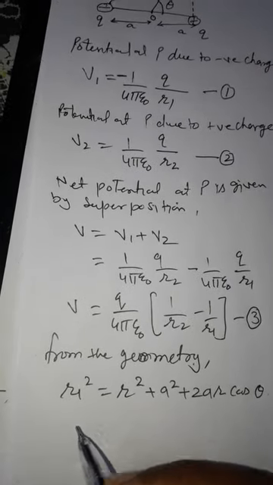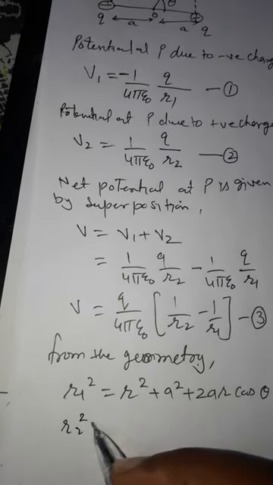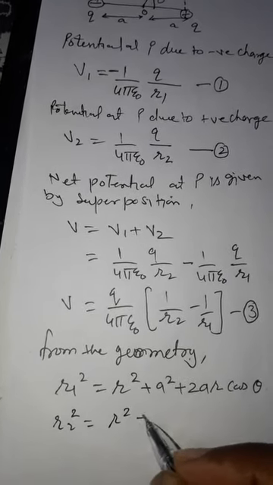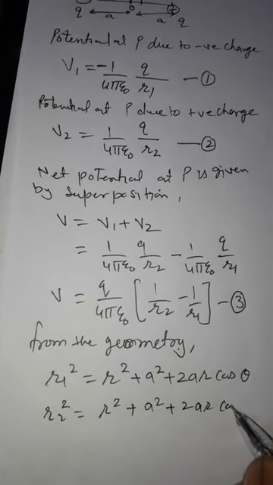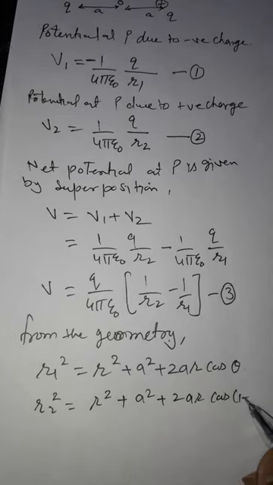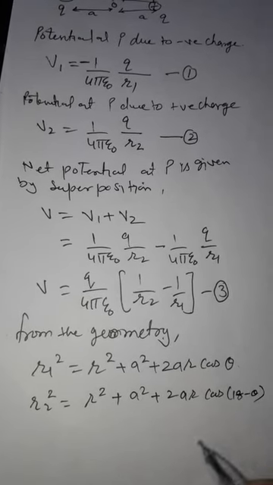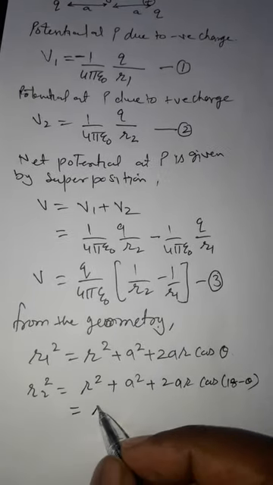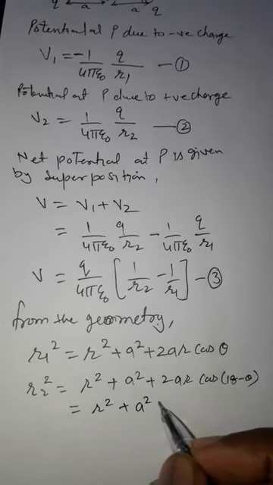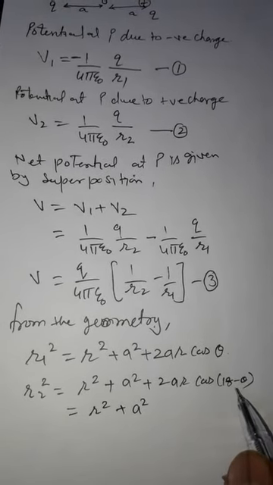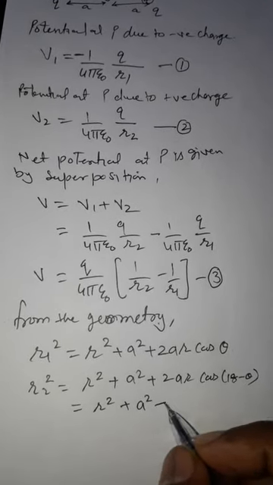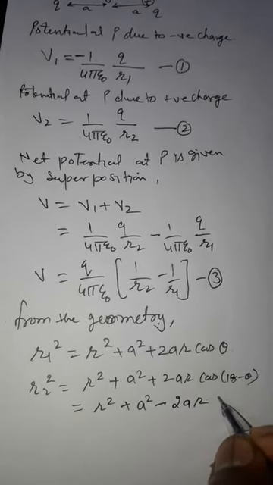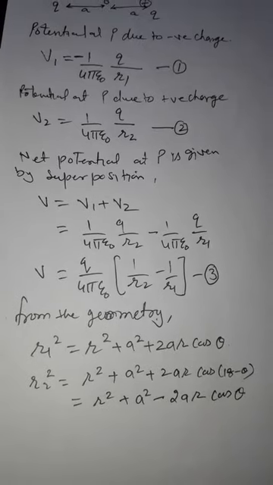So again from the geometry, r2 square must be equal to r square plus a square plus 2ar cos of 180 minus theta, which comes out to be r square plus a square minus 2ar cos theta, since cos 180 minus theta is minus cos theta.